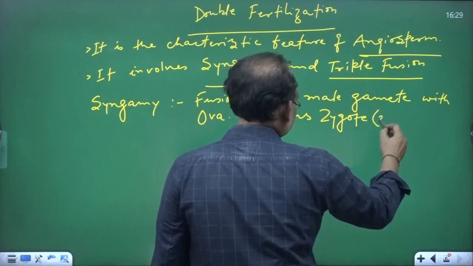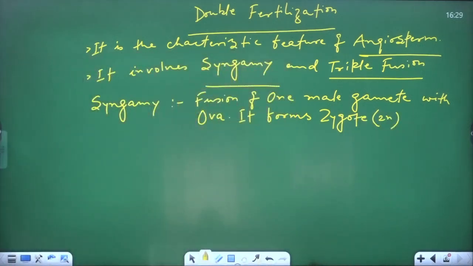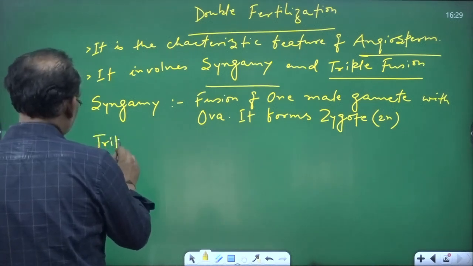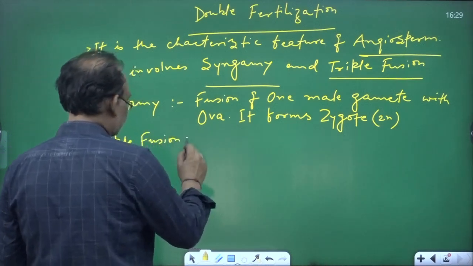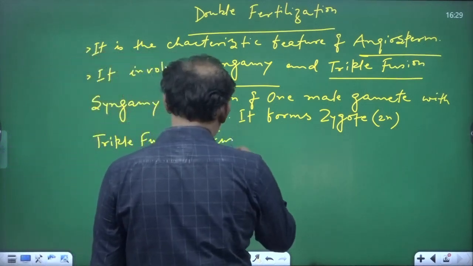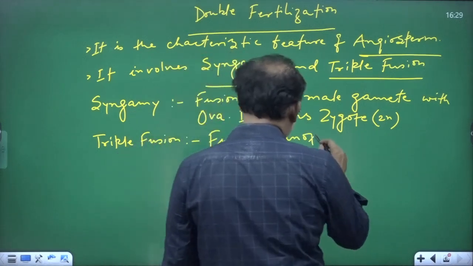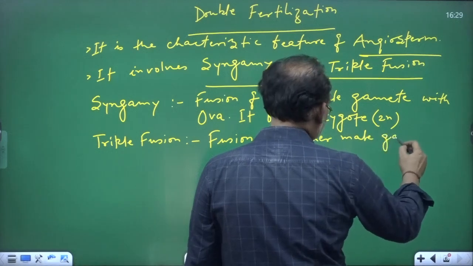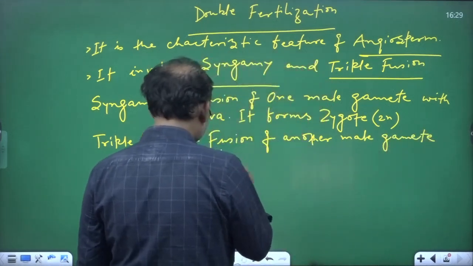So the zygote is a diploid structure, right? Then write triple fusion. Fusion of another male gamete with the secondary nucleus.